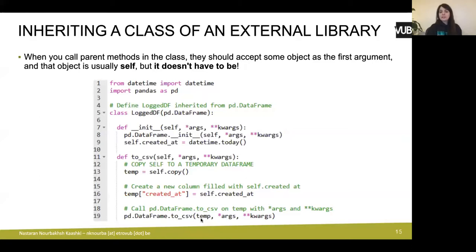Now I'm not passing the self object to this method of the parent class. I'm sending the modified version of self to this function. You can do something like this. It might not make sense here with this example, but this is just an example to show you that you don't have to pass self every time when you are working with the parent class inside the derived class.